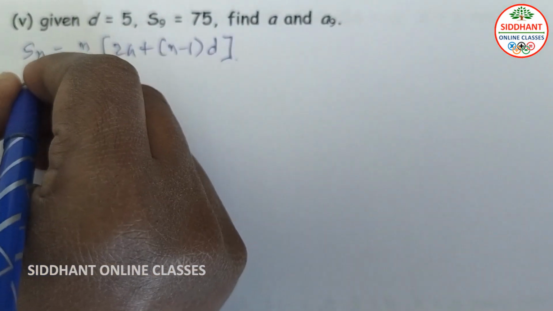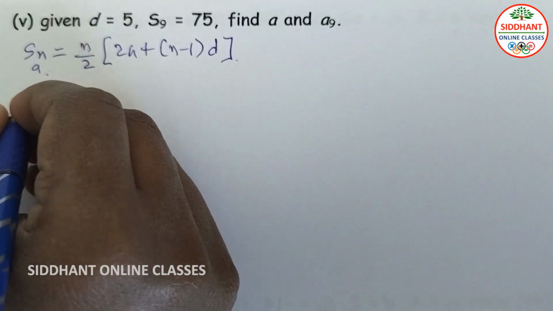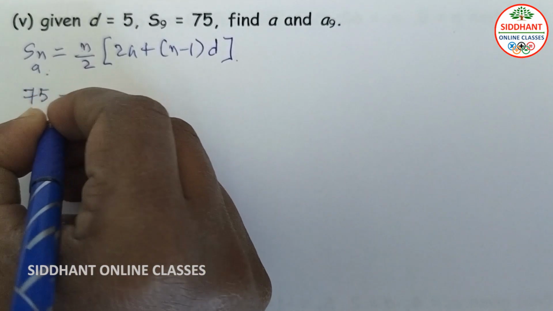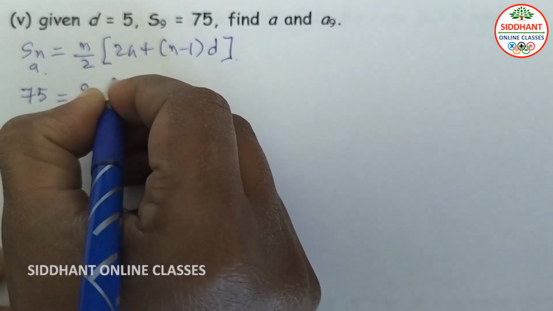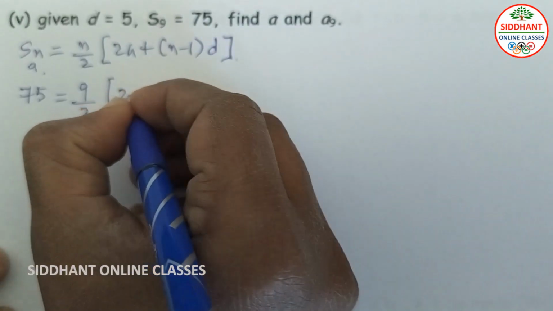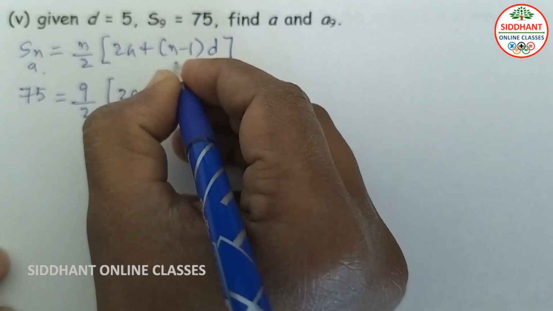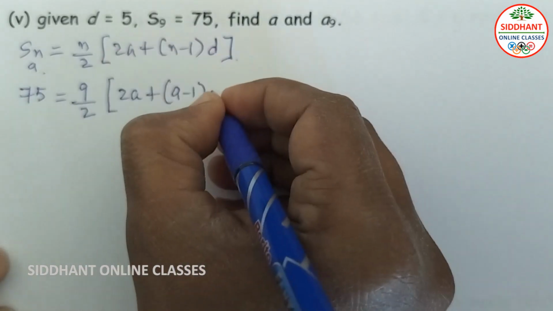Now here S9 is 75, which is given. So the n value will be 9, so 9 by 2 into 2a plus 9 minus 1 into d, and d is 5 here.